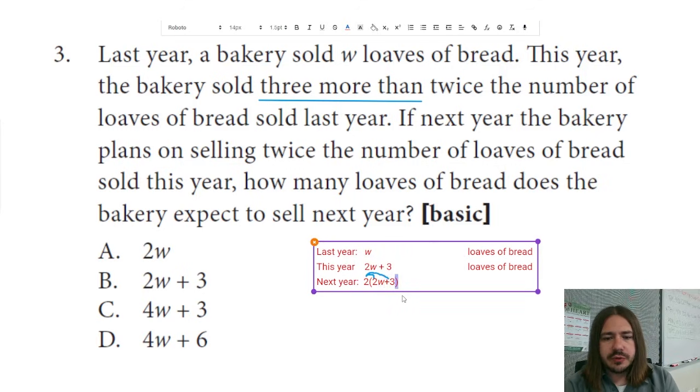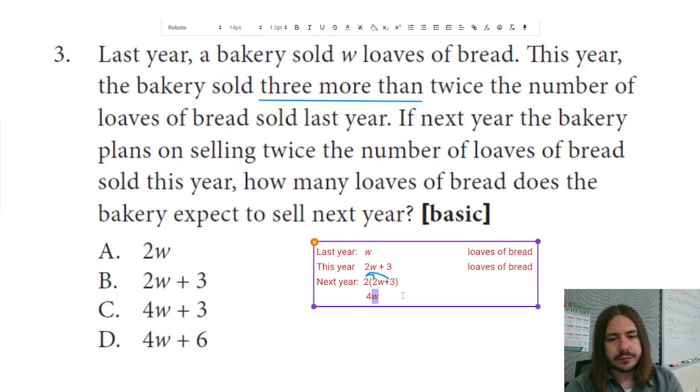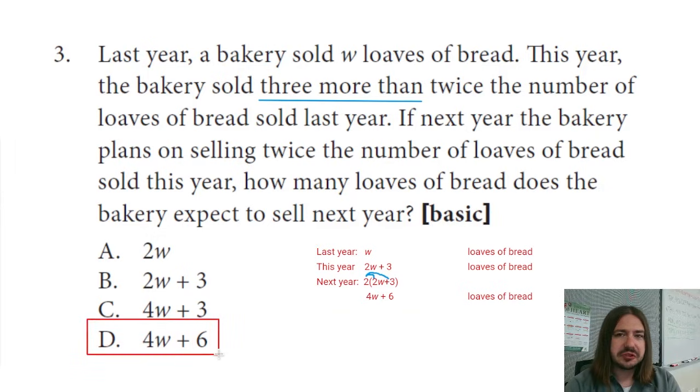So 2 times 2W is going to be 4W. And then 2 times 3 is 6. This is going to give us the simplified form of the expression. So 4W plus 6 is our answer, and we can see that that's answer choice D.